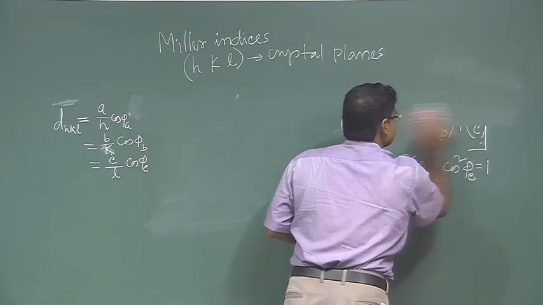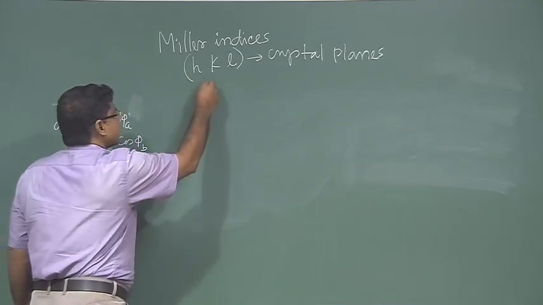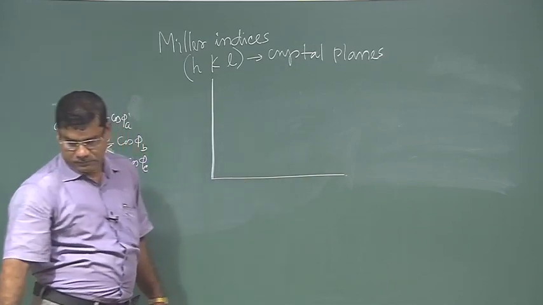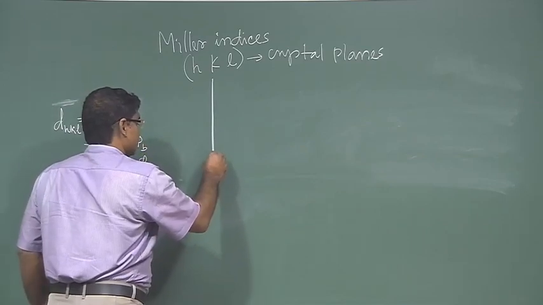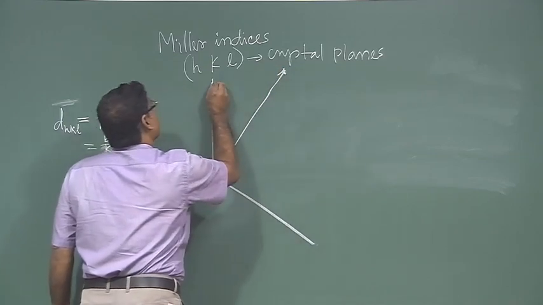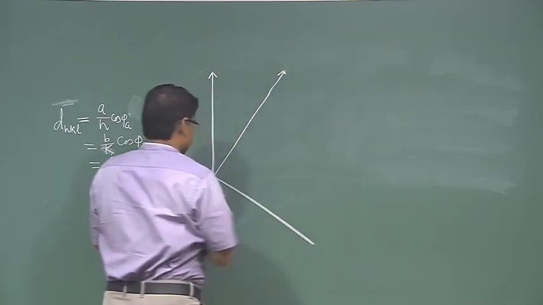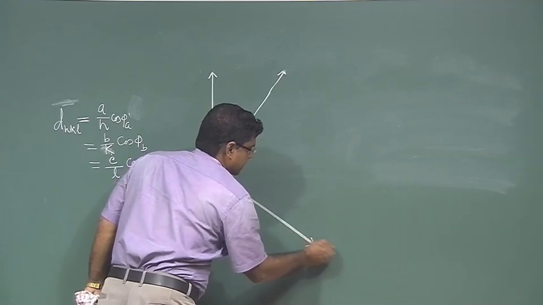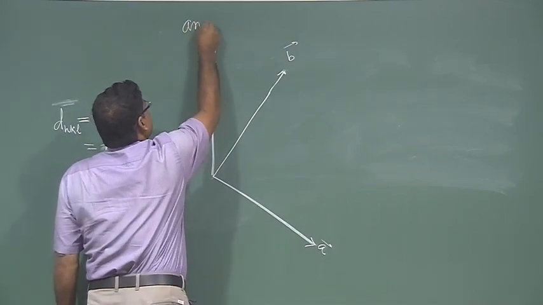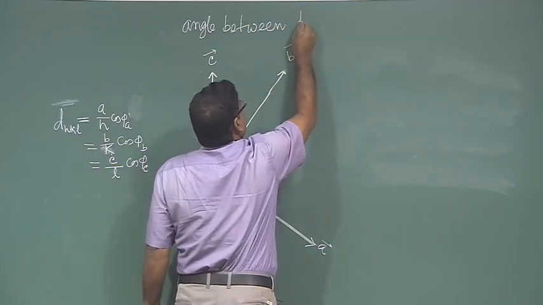Let us consider two axis systems. So this is the A axis, this is the B axis, and this is the C axis. So, the angle between two crystal planes.